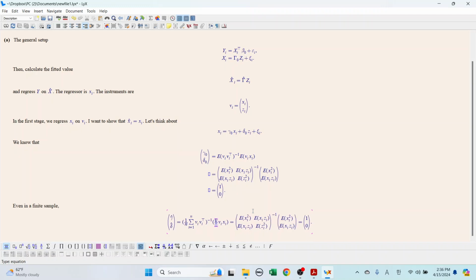So you get something like this, and of course these expectations must be replaced by sample averages. Still, you will get the same 1 and 0 in the end. It is tedious algebra, but this is different from the previous one. In this context, you have to show this, not the true parameter, because I want to show that even in the finite sample, the OLS estimator is no different from the instrumental variable estimator.